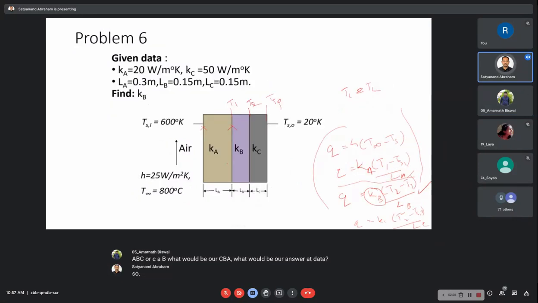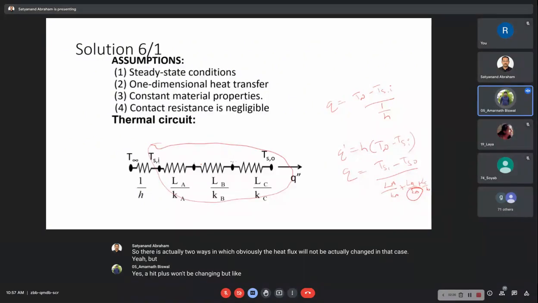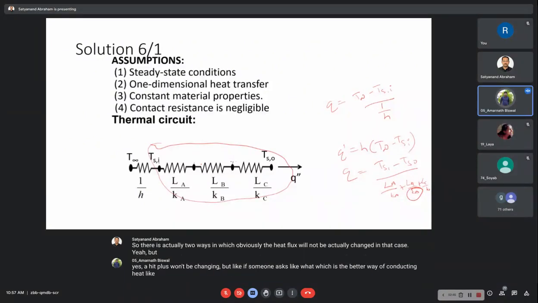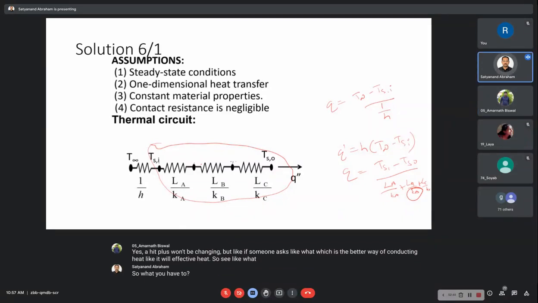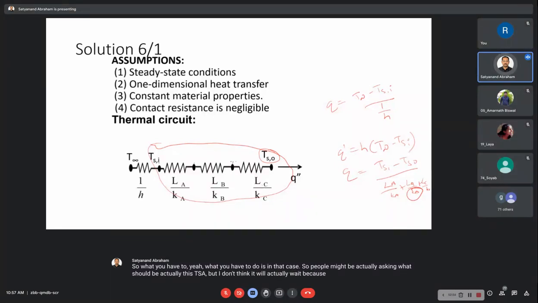So there are two ways, in which obviously the heat flux will not be changed in that case. Yes, sir, heat flux won't be changing, but if someone asks which is the better way of conducting heat, like effective heat. People might be asking what the total resistance should be, but I don't think it will vary because this is a series resistance.